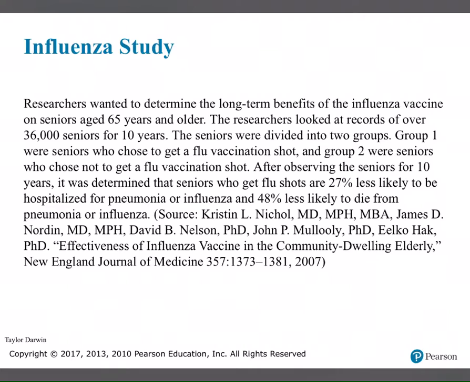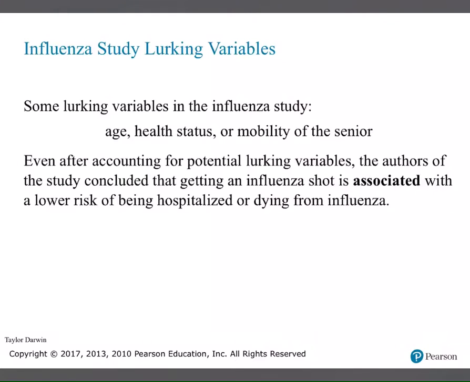Group 1 were seniors who chose to get the flu vaccination, and Group 2 were seniors who chose to not get the flu vaccination. After observing the seniors for 10 years, it was determined that the seniors who got flu shots are 27% less likely to be hospitalized for pneumonia or influenza, and 46% less likely to die from pneumonia or influenza. So let's talk about that.